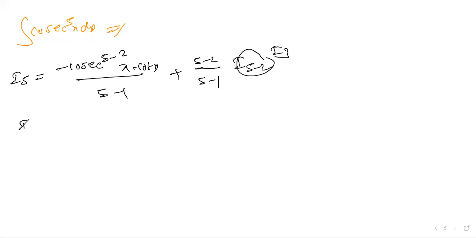So I5 is equal to minus cosecant power 3 x cot x by 4, plus 3 by 4 into I3. What is the value of I3?